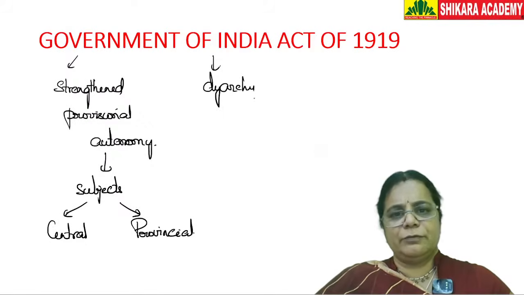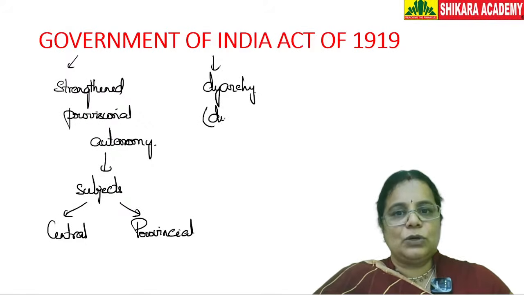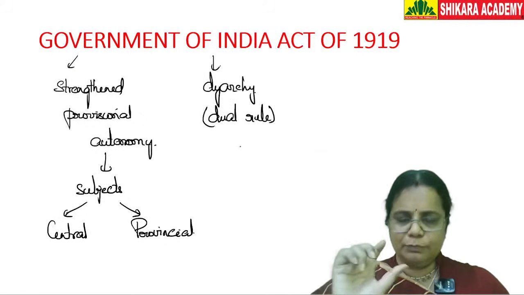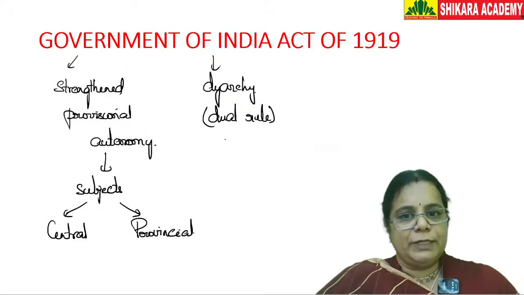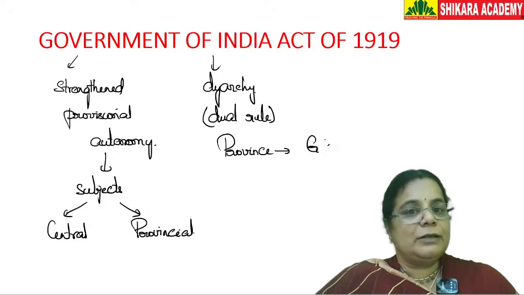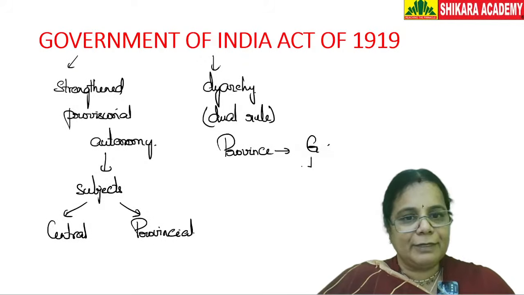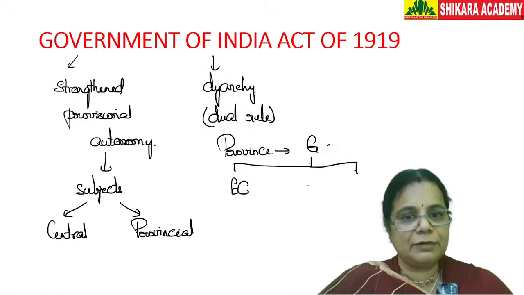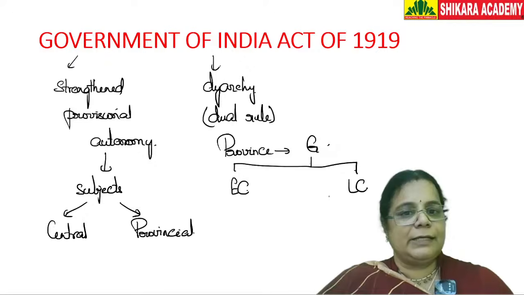I'm sure you all must have heard of it. It is also called dual rule. Now, what do you mean by this? I'll explain it in a simple flowchart. It was introduced at the provincial level. So at the provincial level, you had the governor as the head, and the governor had two major groups assisting him. One was the executive council, the other the legislative council.